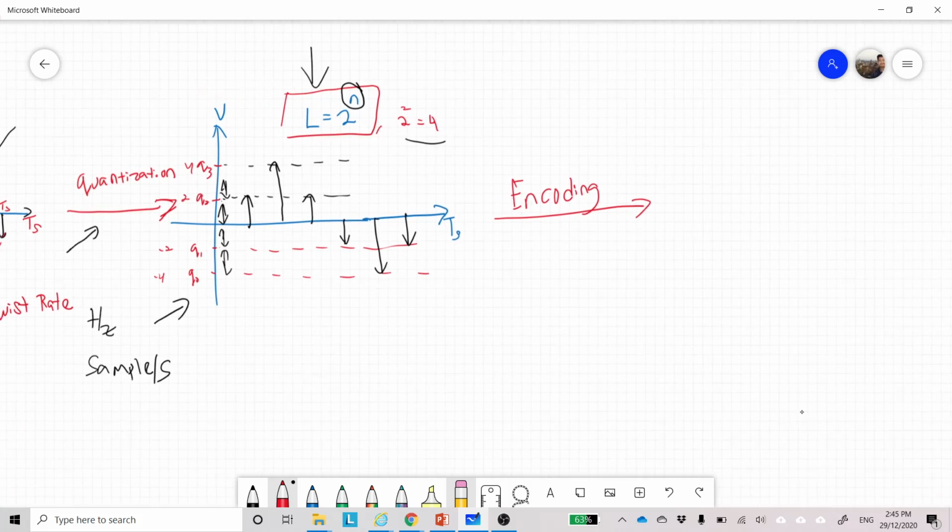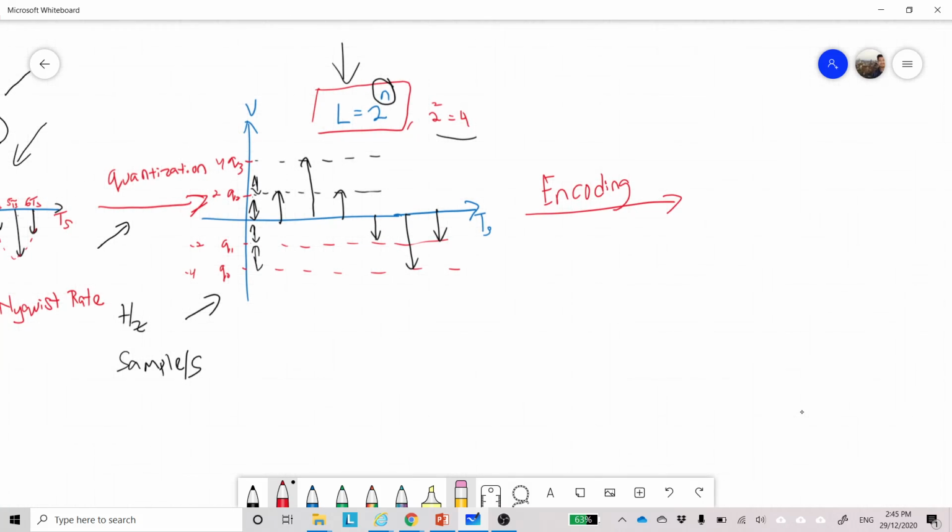So kalau kamu lihat dalam example saya, saya ada 4 level, bermakna saya menggunakan 2 bit. So setiap sampel itu kita akan assign dengan 2 bit. In my example, I'm using 2 bit. That means each sample will be assigned with a 2-bit value.